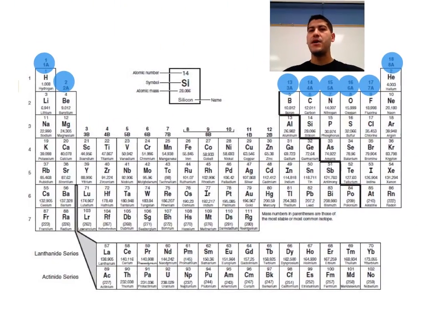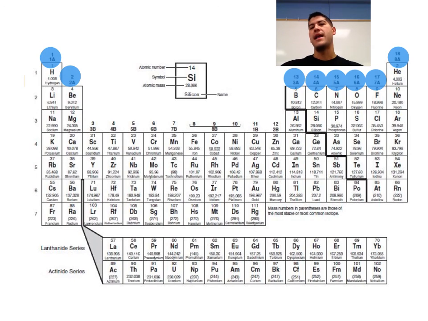So let's go back to the real periodic table. Just by its placement on the table, you can say a lot about an atom of an element. Take bromine, for example. It's here in group 7A. That means it's got 7 valence electrons, making it very reactive. And it's got the same reactivity as all the other elements in that group. It's also in period 4, so we can say an atom of bromine will have 4 energy levels and 7 valence electrons.